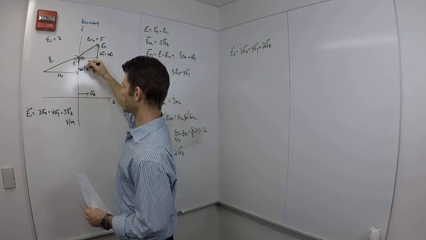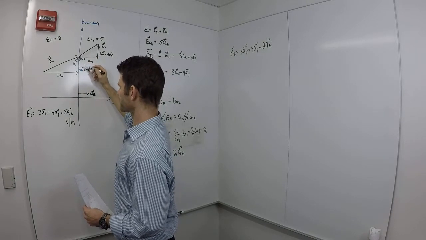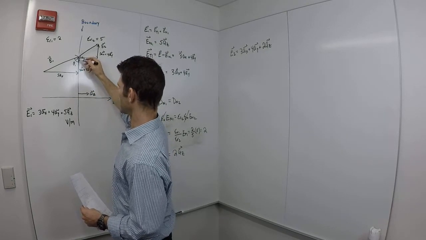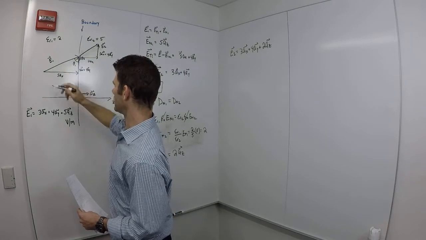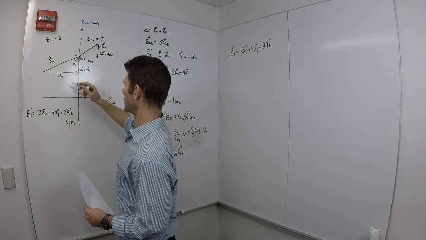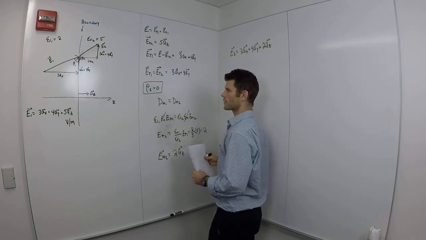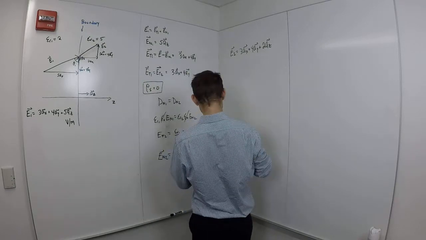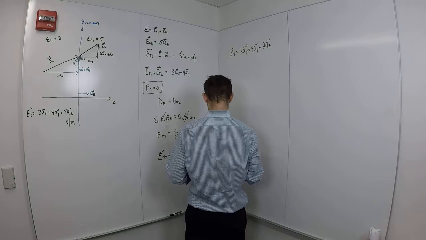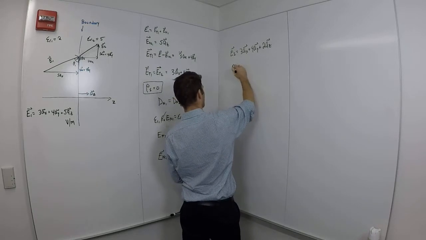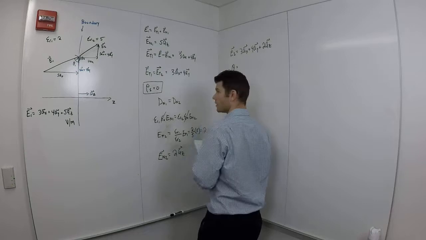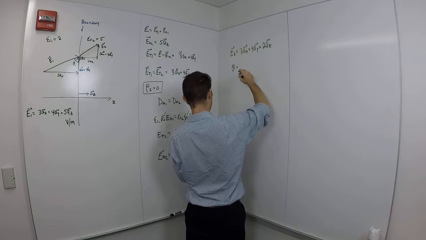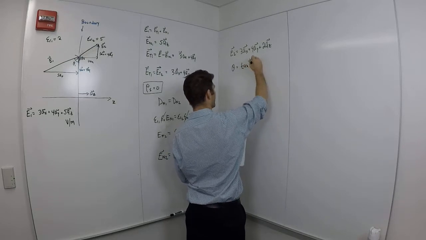So for this right triangle right here, this angle theta, this would be our adjacent side, and this would be our opposite side. Okay, so to find the angle here, all we would do is say theta is going to be equal to the inverse tangent of the tangential component divided by the normal component.